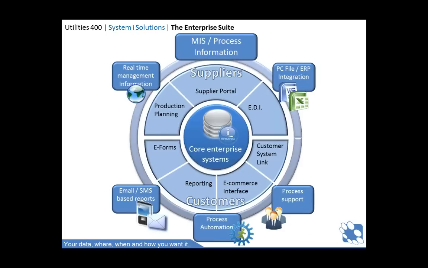It's with this that Utilities 400 understands the needs of a modern enterprise. With over 300 businesses worldwide relying on our solution, we provide a unique mix of expertise and experience that help evolve your business processes, from process automation and business portals to integration and document management.